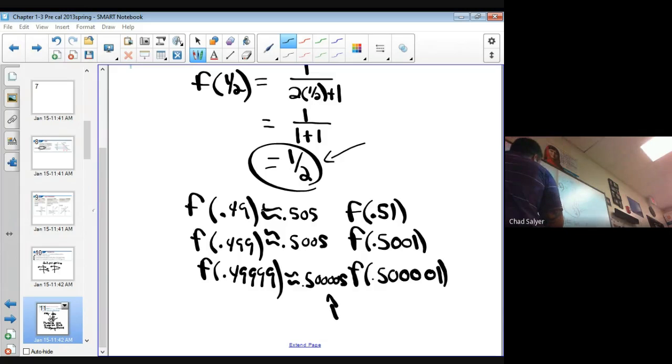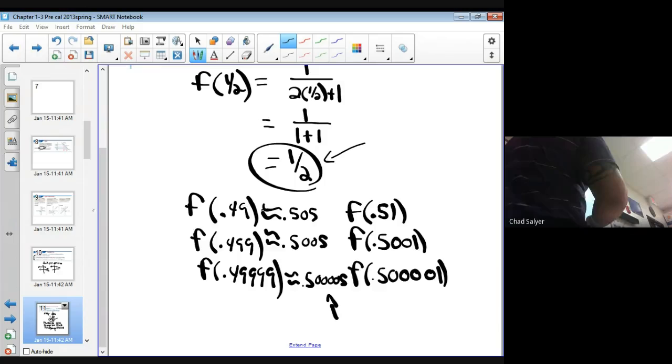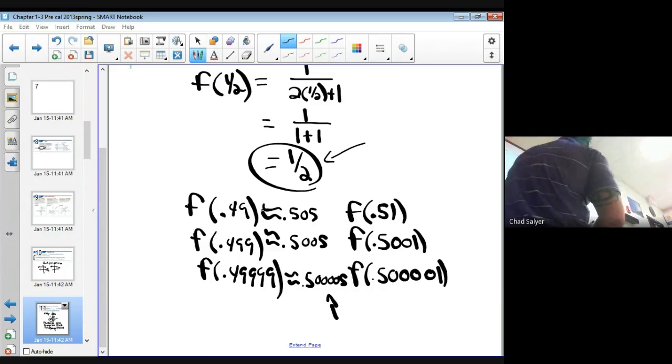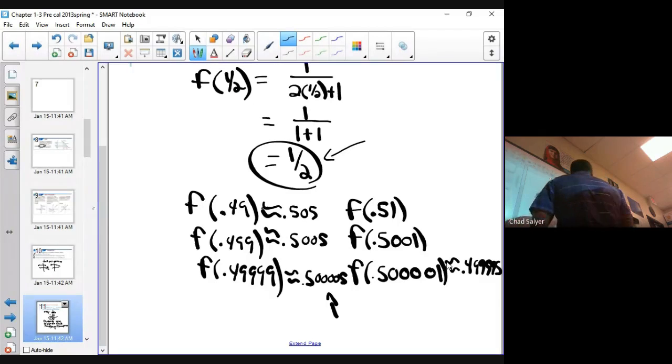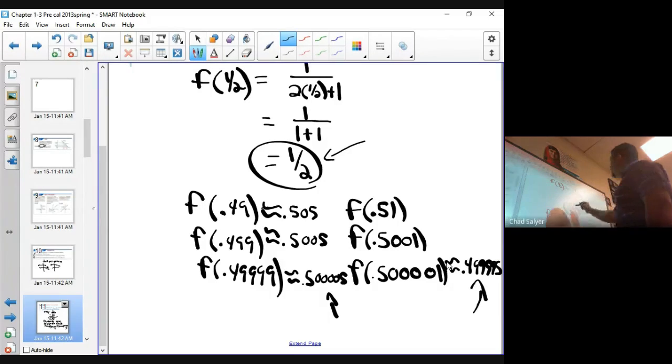But anyway, we'll punch in 0.51 and 0.5001 and 0.500001, and we see that's 0.4999995. So we see that also approaching 1/2. We see it's closer and closer to 1/2 from both sides.